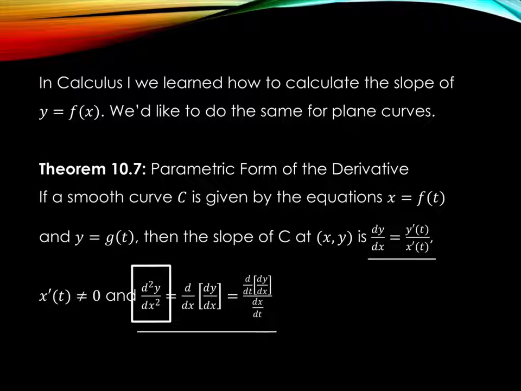We just go back to f double prime of x kind of stuff. So this is d/dx of dy/dx. But dy/dx is dy/dt over dx/dt. So what you see here is a chain rule kind of component coming about.